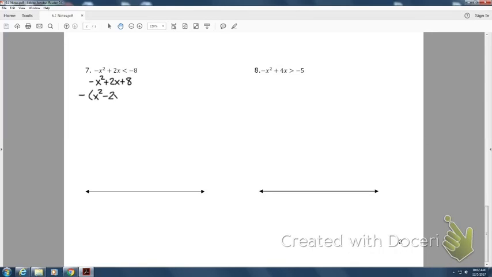It's going to flip them. So now you would just factor what is inside the parentheses. You should have factored that to get x minus 4, x plus 2, which will give you 4, negative 2.